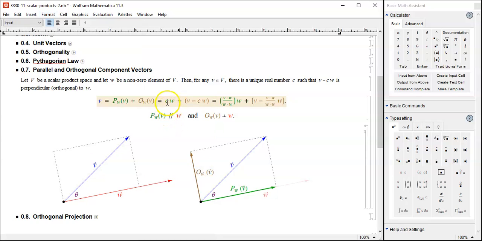So the parallel component vector is of course a scalar multiplication times w, so it's easy to see. And then the orthogonal component, v minus cw, v minus that. But the important thing is, what is this c? Please remember this: v dot w over w dot w.